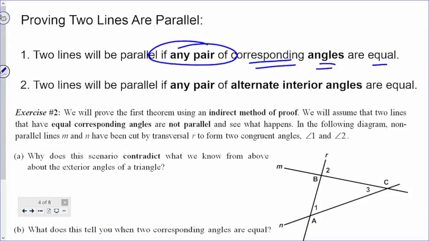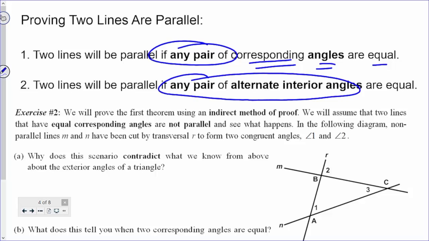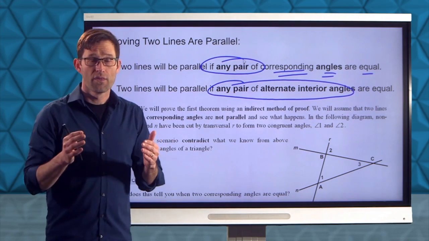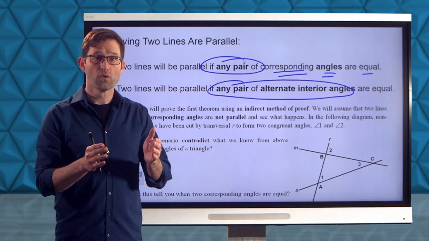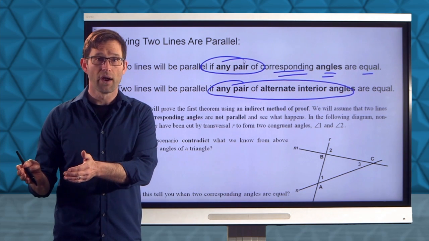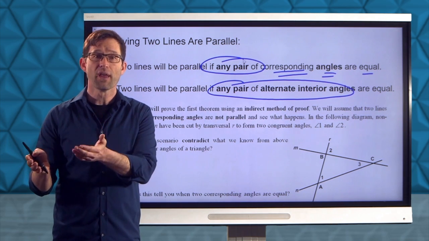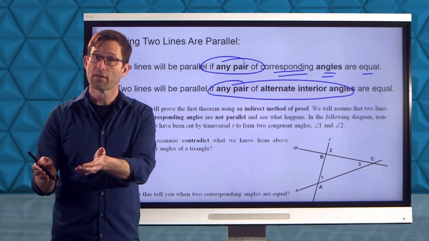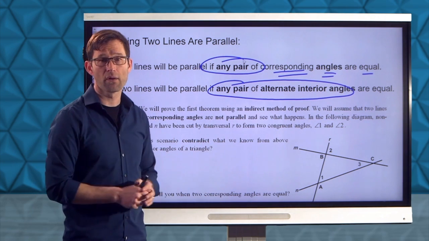Likewise, method number 2, two lines will be parallel if any pair of alternate interior angles are equal. Again, the logic one way is when two lines are parallel, alternate interior angles are equal. But the other direction is if two alternate interior angles are equal, the lines are parallel.